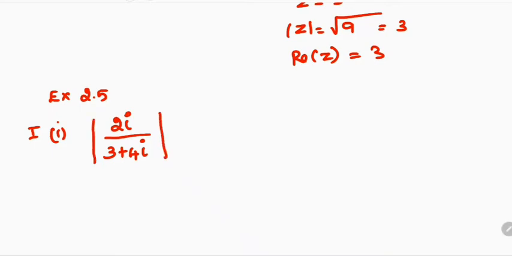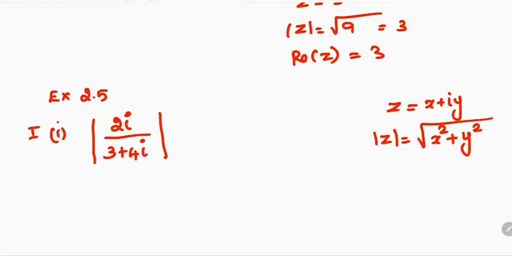Okay, so z is equal to x plus iy means the modulus of z is what? The square root of the real part the whole square plus the imaginary part the whole square. So to find the modulus, first your complex number should be in the form of a plus ib, the rectangular form.